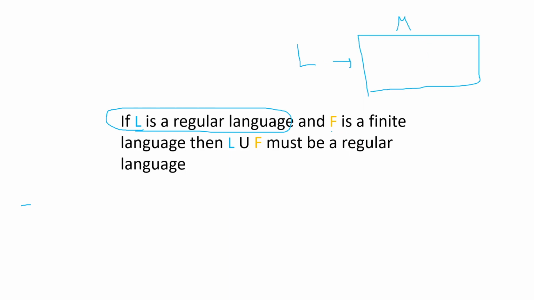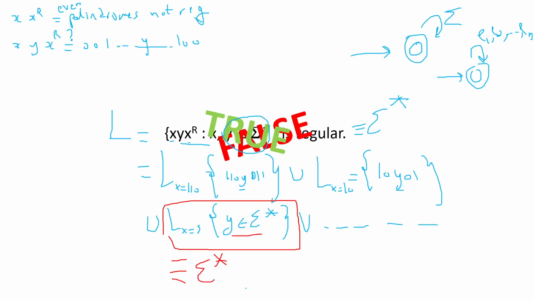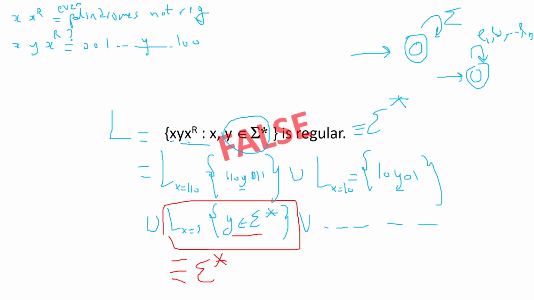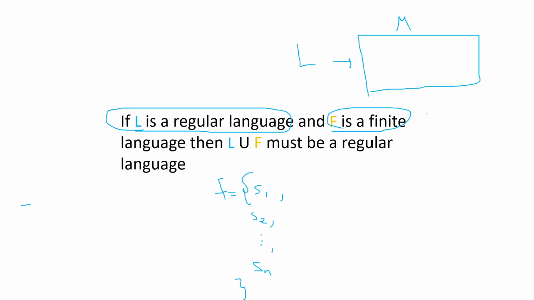F is finite, so F is made up of finitely many strings, S1, S2, up to Sn. Just like before, if I only have the string 0, I can create a DFA that only accepts 0. We can do the same thing for F.